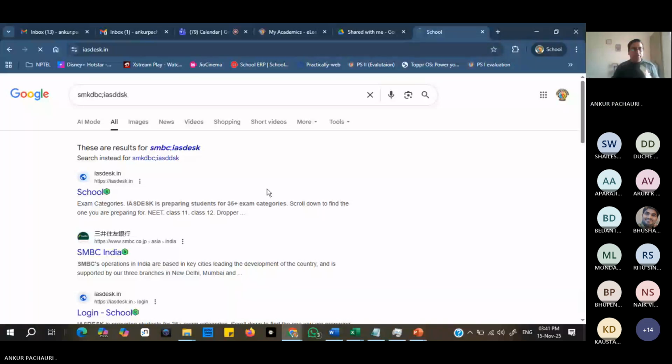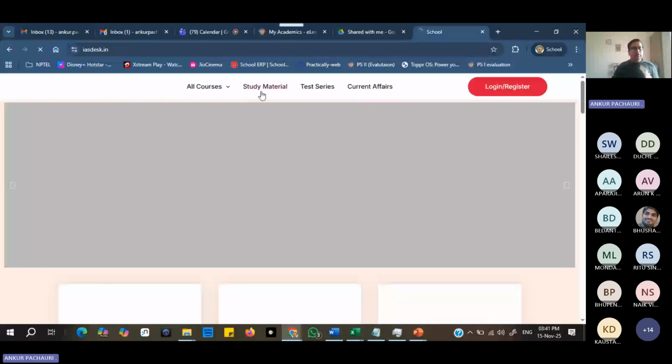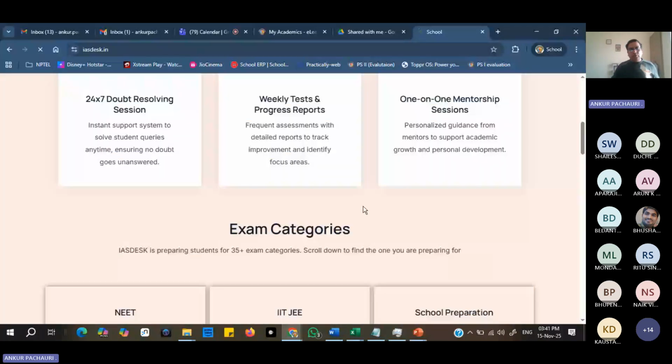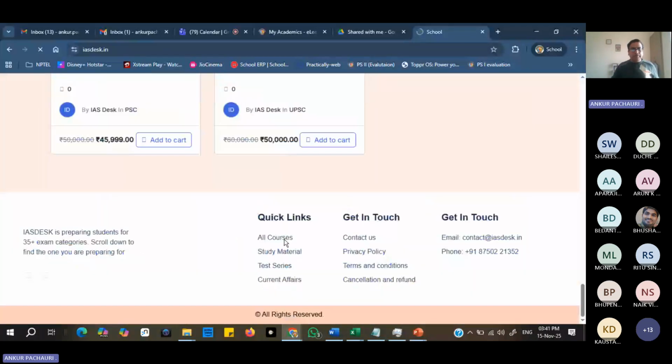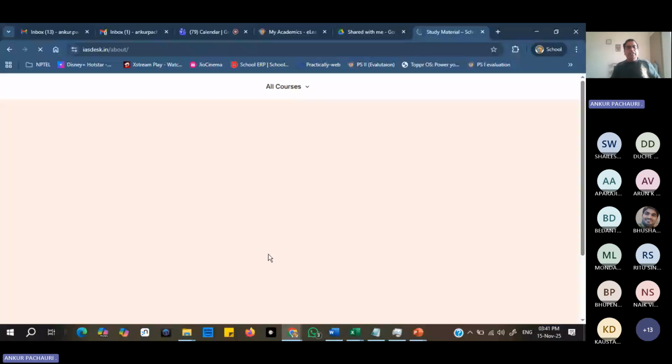Then from there, I'm moving to other quick links, moving around. In this way, I'm converting this navigation in the form of a graph.